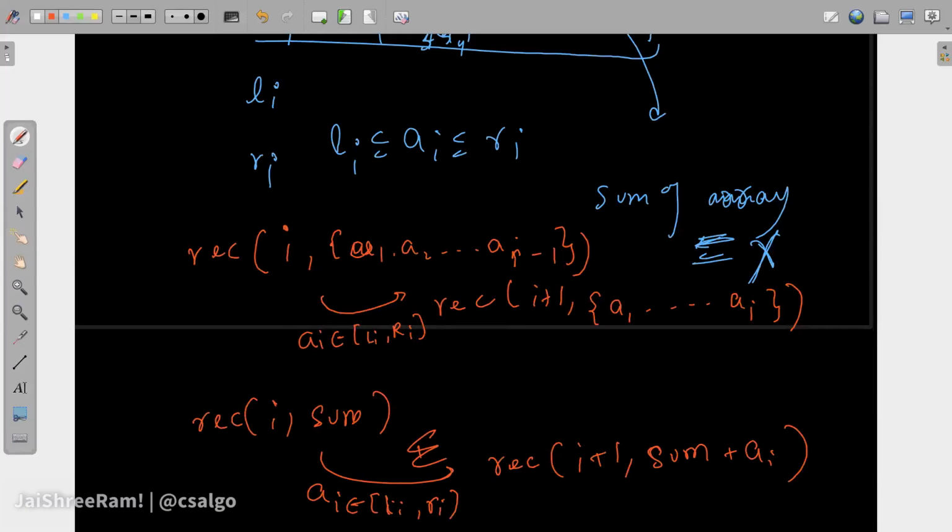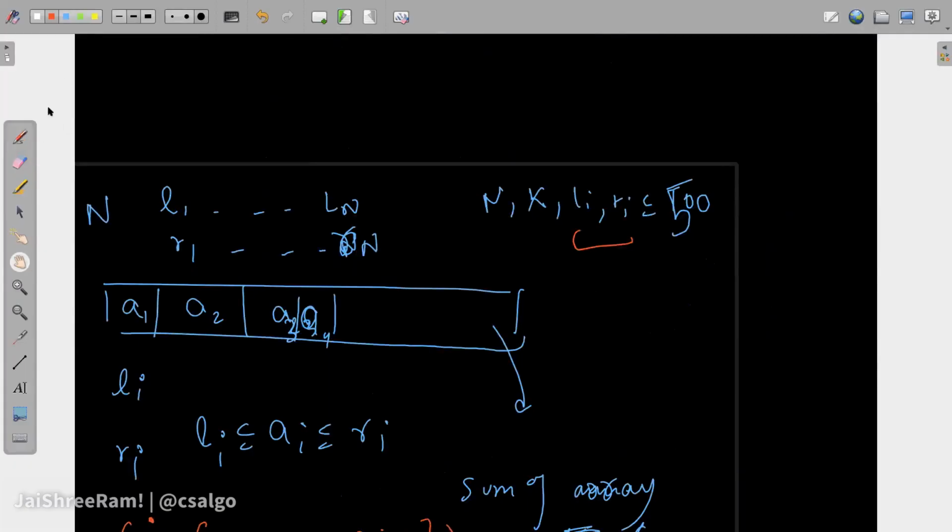Now we will talk about a few things that you can do to this particular problem. Let's say the first change I make is to remove li and ri from this constraint. Now li and ri can be any value.